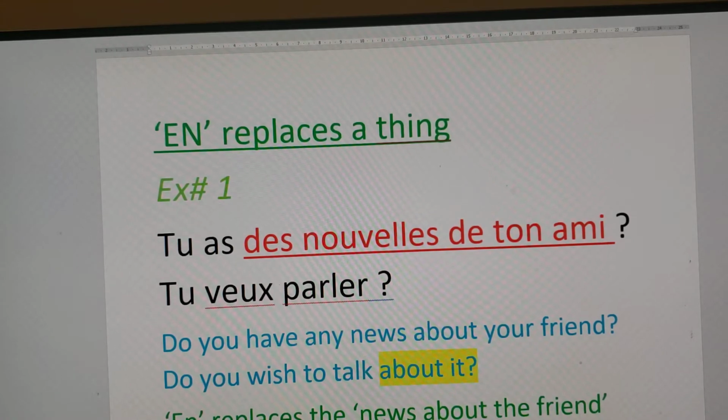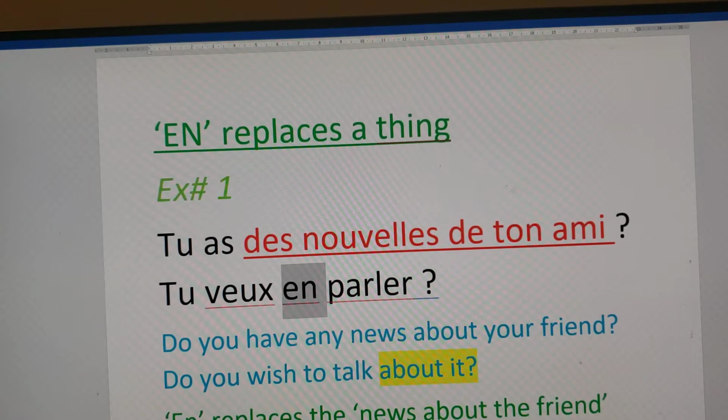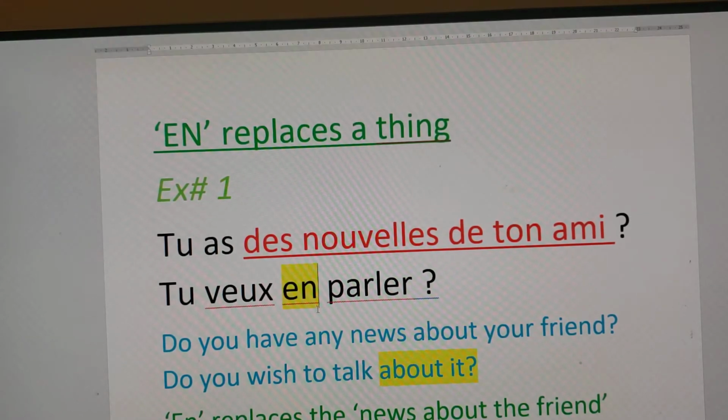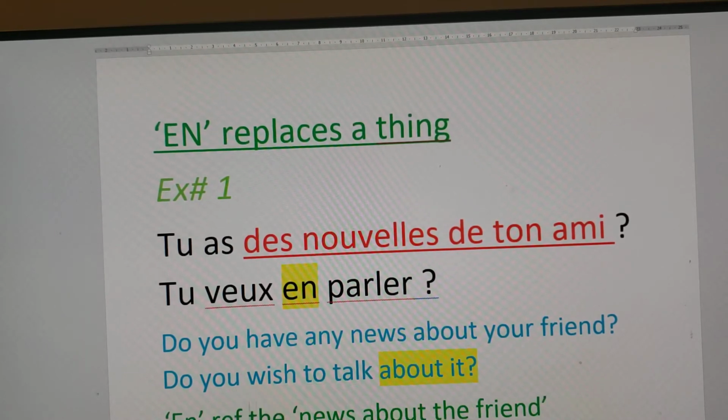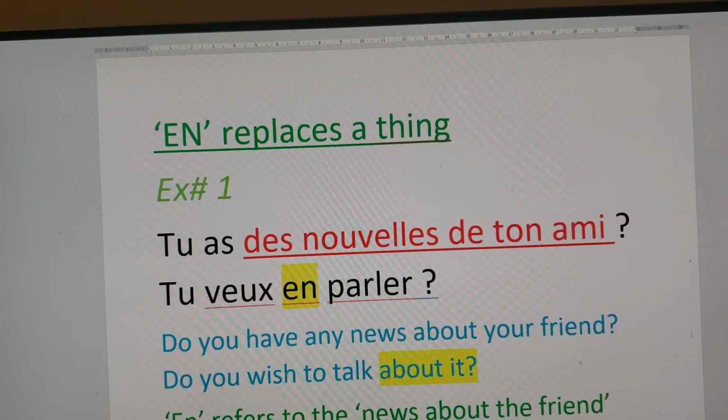So, tu veux en parler? So en replaces, or rather refers, right? I shouldn't be using the word replace, my apologies. It should be more like en refers to the news about the friend.